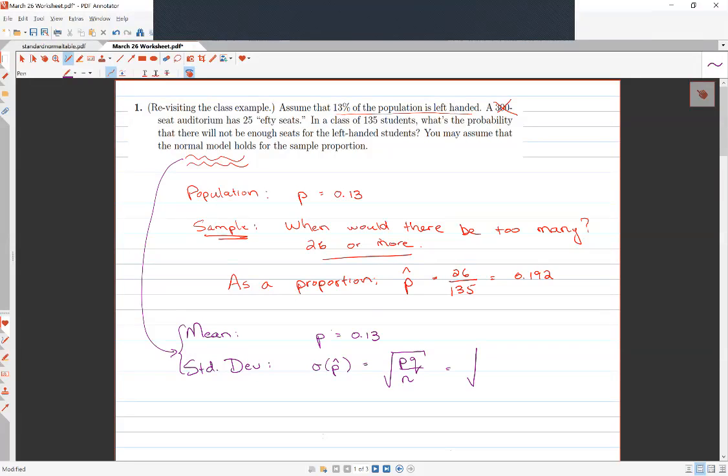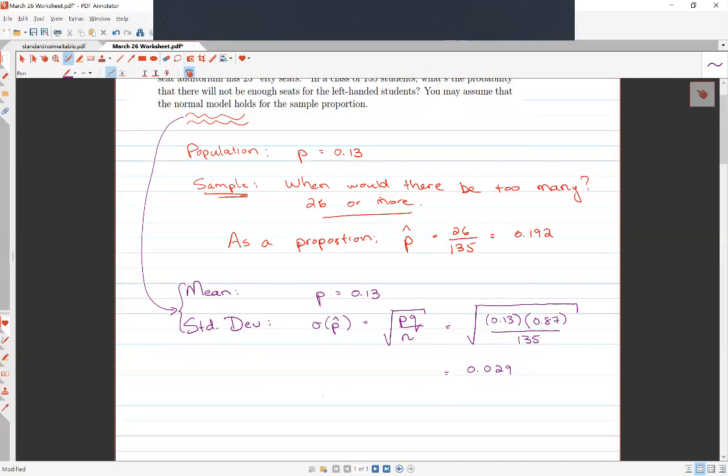And p is 0.13. q is 1 minus p, which in this instance is 0.87. And my sample size would be the 135 students. So if I plug all of that into my calculator, I end up getting 0.029.